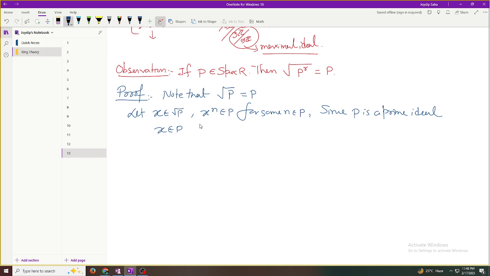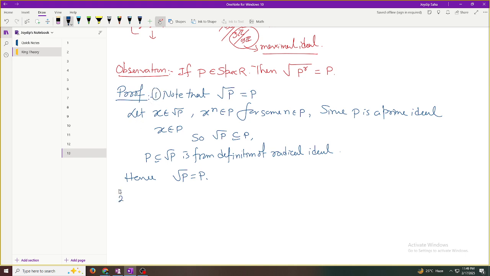Because by definition, AB belongs to P implies either A belongs to P or B belongs to P. So root P is a subset of P, and P is a subset of root P from the definition. Hence root P equals P.